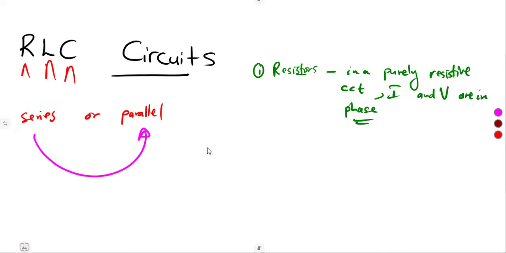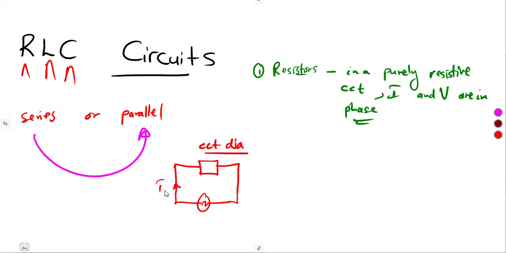Purely resistive, meaning as you consider your circuit diagram, it is just a resistor that you have there, only connected to the AC. So that is the condition that you're going to be referring to. This is the current that will flow across the resistor.